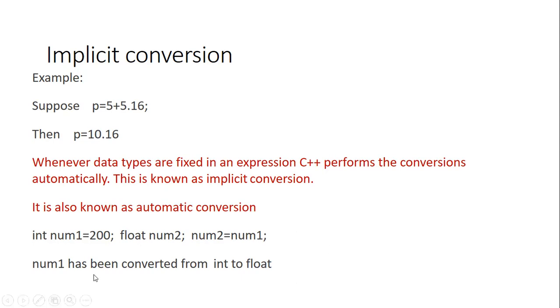For example, suppose integer num1 equal to 200 and num2 is a float, then num2 equal to num1, then num1 has been converted from integer to float.